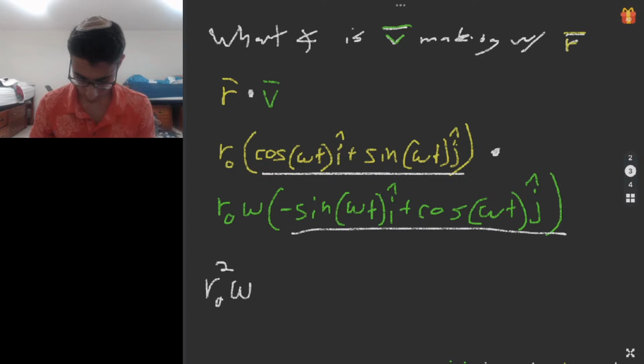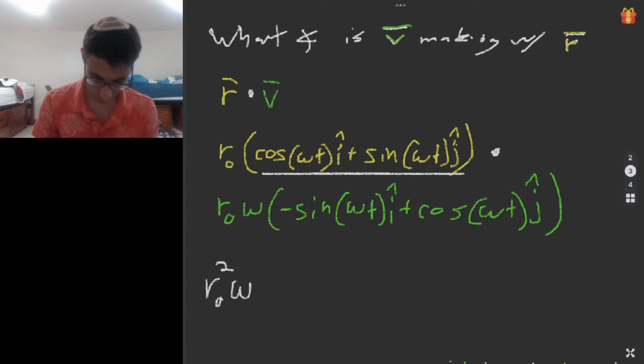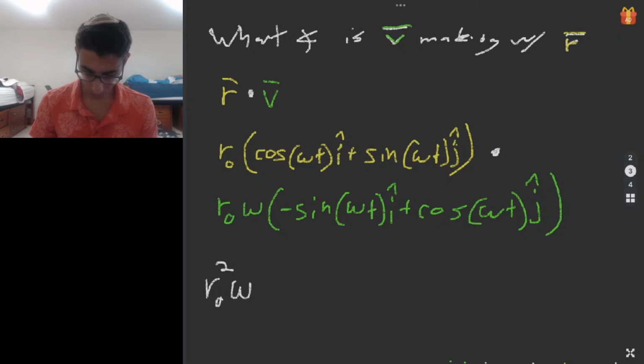Then we could just FOIL these terms now. Does this make sense in terms of math? Because it's all multiplication anyway. So cosine omega t I hat times the negative sine omega t I hat. We know that these are vectors, right?